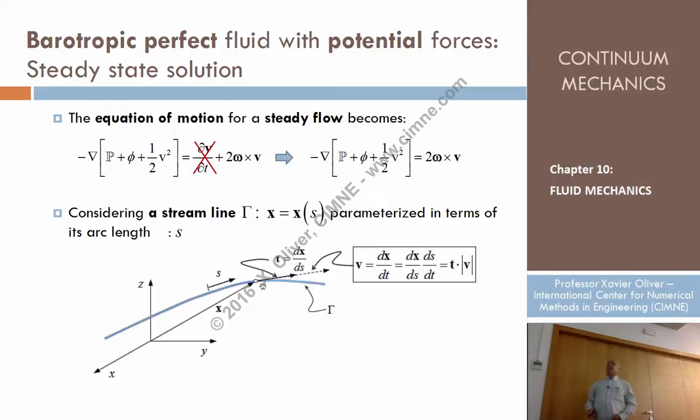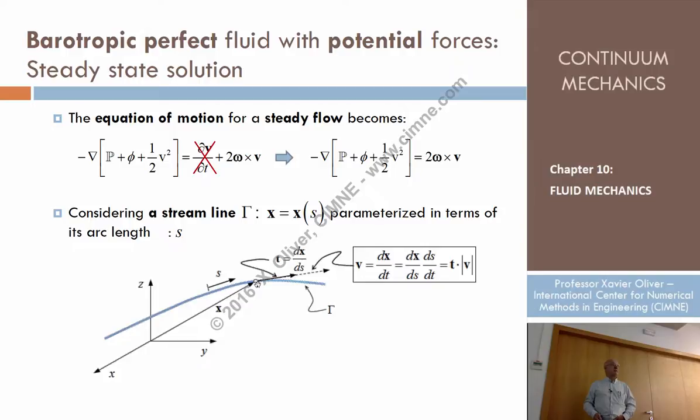By the way, if I differentiate that equation with respect to the parameter, I obtain a line that by definition is tangent. So the differential of x with respect to s is a vector tangent to the line. On the other hand, since this is a streamline, what can I say about velocities at these points?